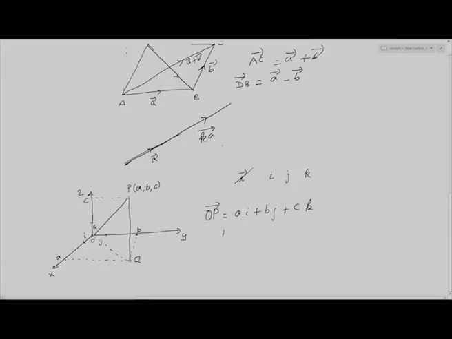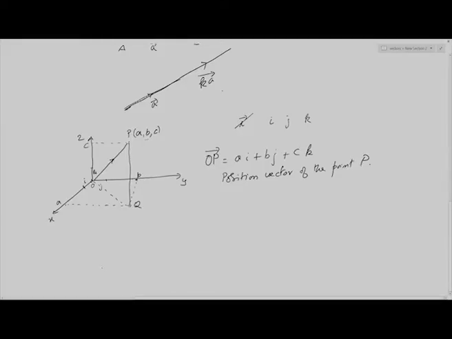So this is called the position vector of P. It is easy to represent a vector if I know the position vectors. For any point, I can represent the point simply by the coordinates a, b, c, or I can write it as the vector a i plus b j plus c k. This OP vector is called the position vector of the point P.